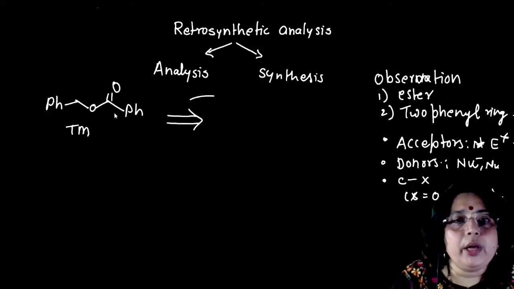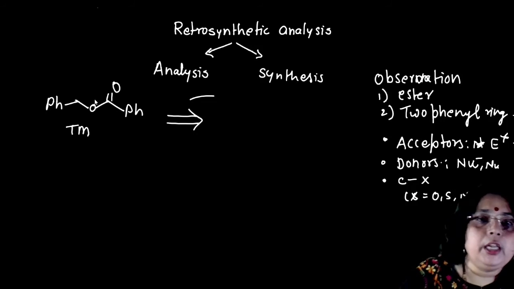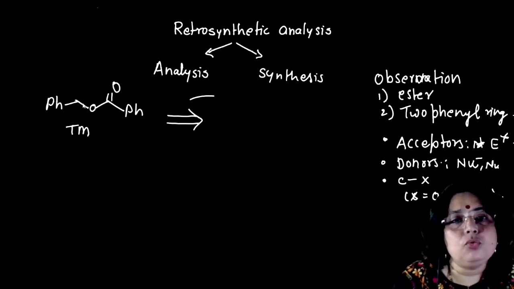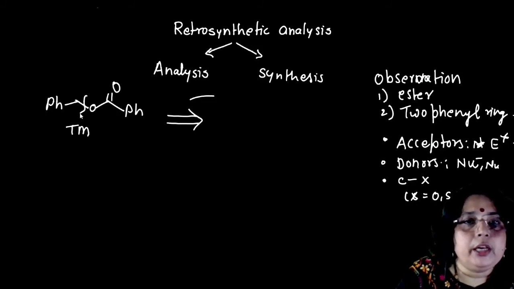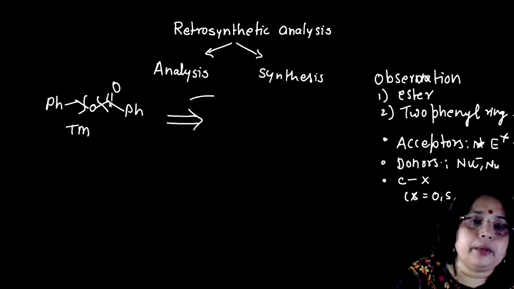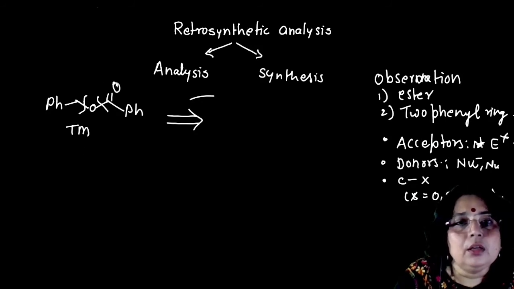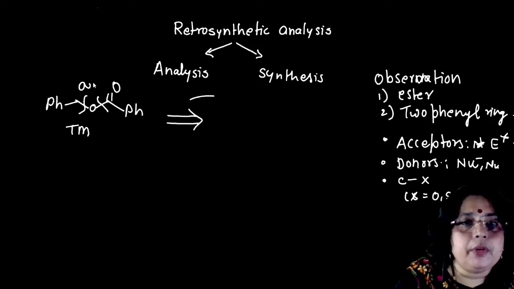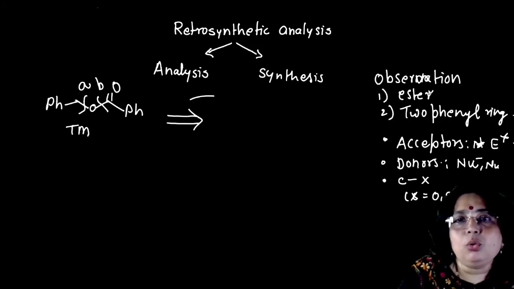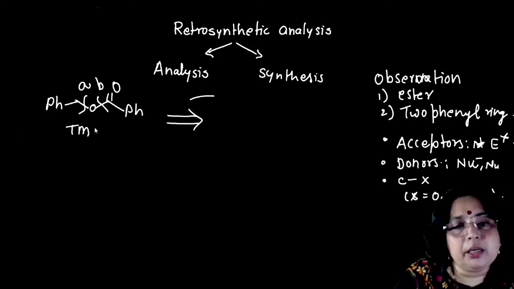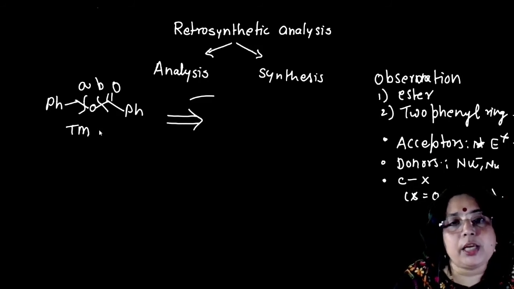Now where do I put the cut? So here I have two pathways where I can put the cut. I can put the cut over here, or I can put the cut over here. So this is pathway A and this is pathway B. Now we must know that this is a target material, it means that this is the final molecule you have to synthesize.